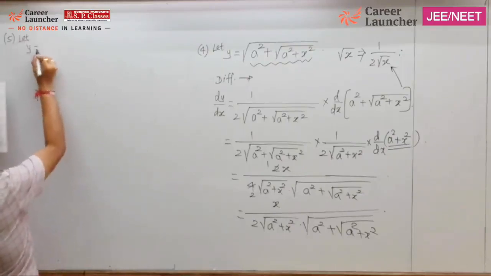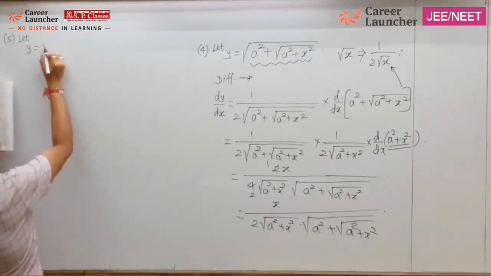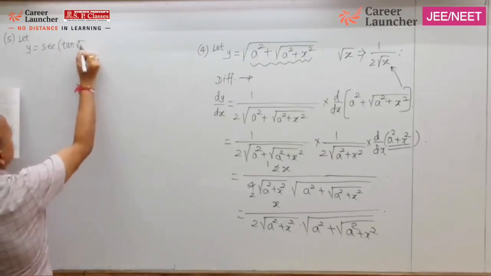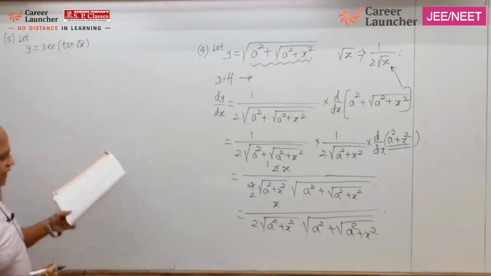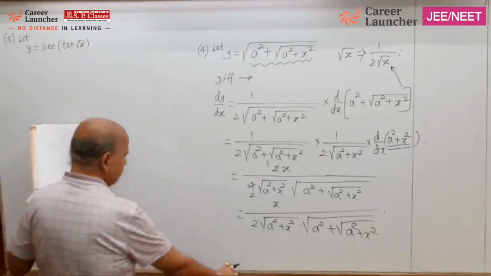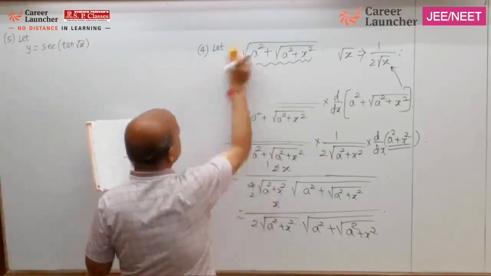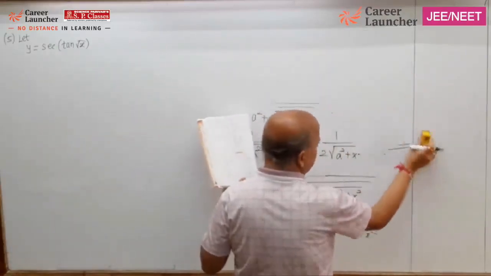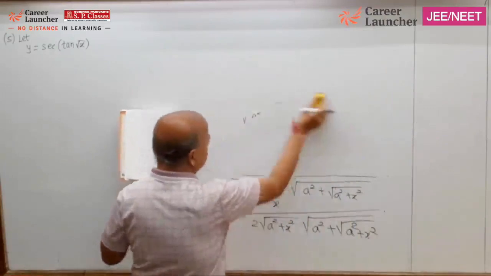Let y is equal to sec of tan of root x. I write the 3 questions here, and then we will find the derivatives one by one.